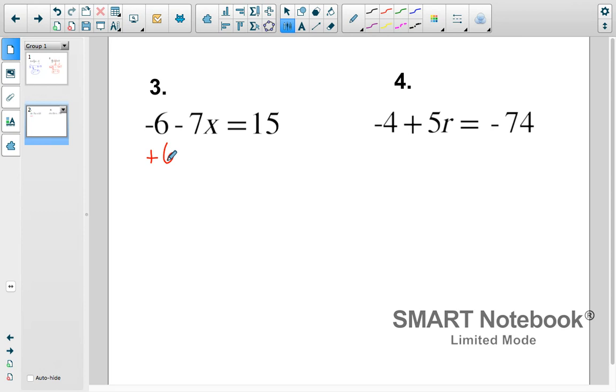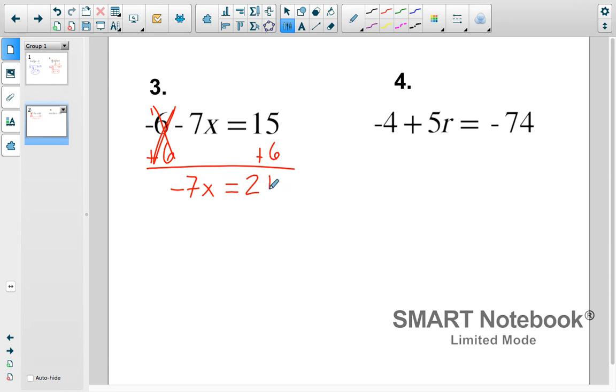So add 6 to both sides. So these 6's go away. Man, this is not writing for me. There we go. Now, that negative, that minus, stays with the 7. Don't forget that. So negative 7x equals, now do 15 plus 6. That's 21.